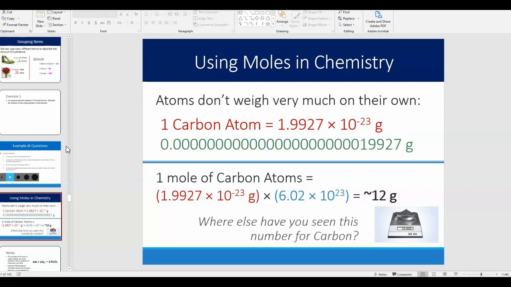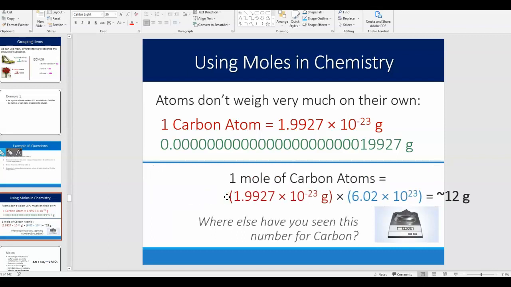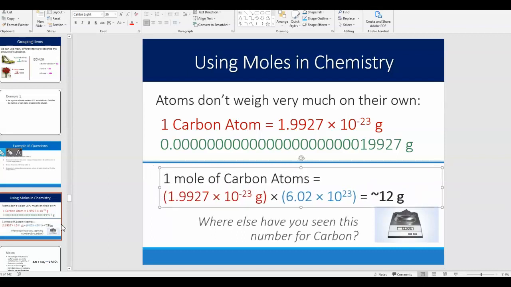And that 12 grams actually has a name. We would say the molar mass of carbon-12 is about 12 grams. In other words, a mole of carbon atoms has a mass of about 12 grams.